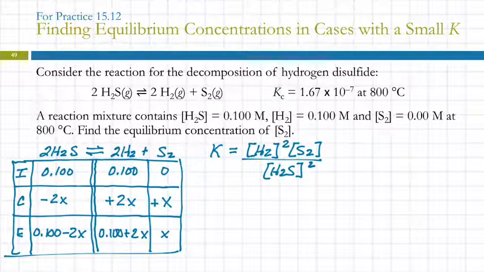So with the x's small approximation, wherever you're adding or subtracting x, you can say, well, it's approximately 0. So for the approximation, we're saying that this is approximately 0.10 at equilibrium, and this is approximately 0.10 at equilibrium, and this is x. We're saying x is so small that even when I double it, when I add it to 0.1, it's not going to make any difference. Or when I double it and subtract it from 0.1, it doesn't make any difference.